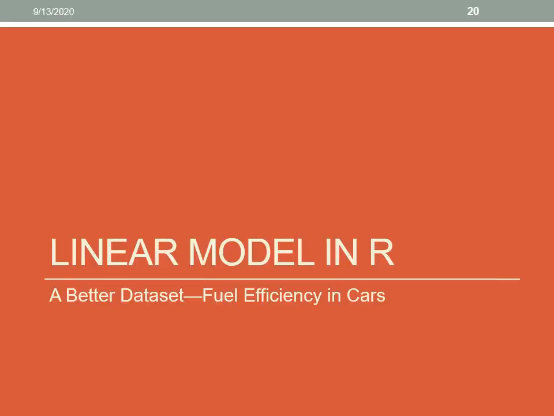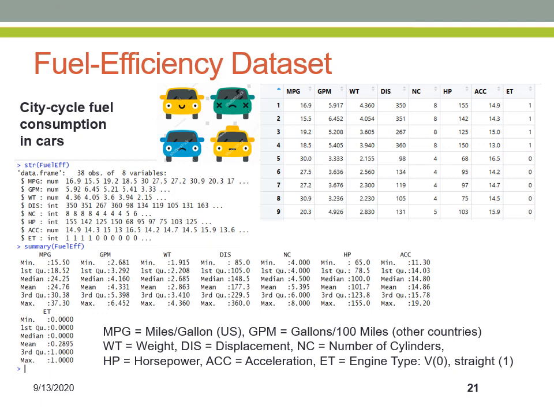Now let's look at linear modeling in a different data set, fuel efficiency in cars. The fuel efficiency data set is relatively small. It contains 38 observations, that's 38 rows of 8 variables.